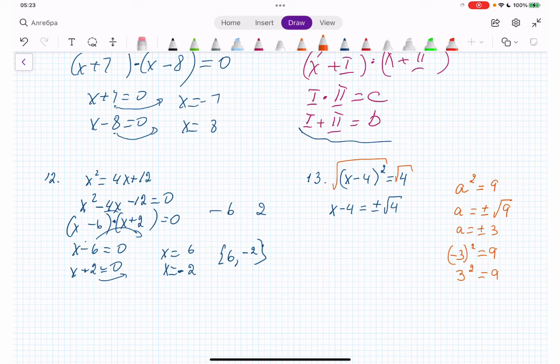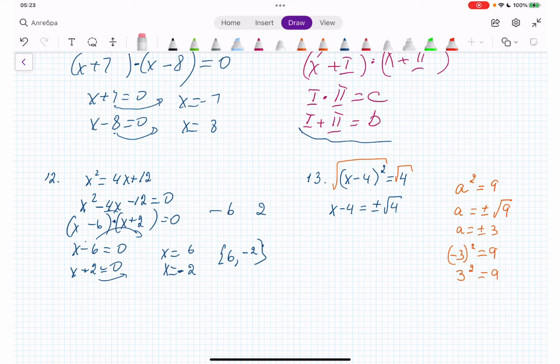Once we take the square root of x minus 4 squared, x minus 4 will come out. When you can't separate an expression under the square root, let's say x and 4, it goes as one term, because it's under the square root.